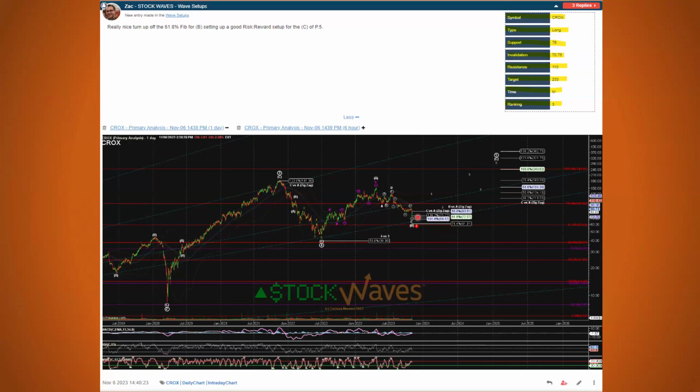And then as we get under that support region, that's where we start to put our invalidation levels, at least for the wave setups. While something might not purely invalidate on an Elliott wave basis, if it drops under a 764 retrace, usually the probability of follow through greatly diminishes. So it might be something that we still track on the chart, even if it has invalidated the wave setup.